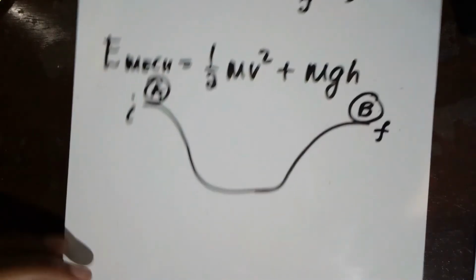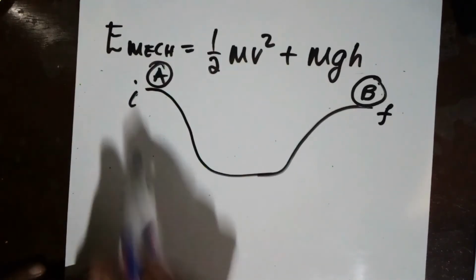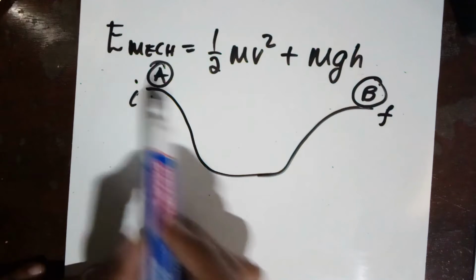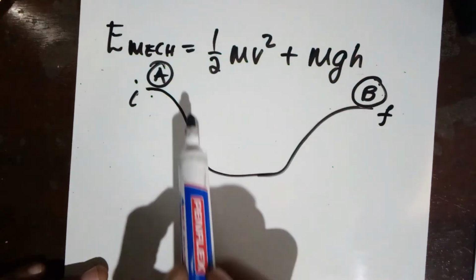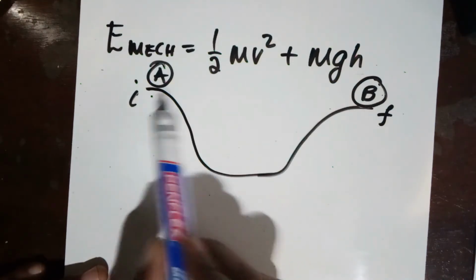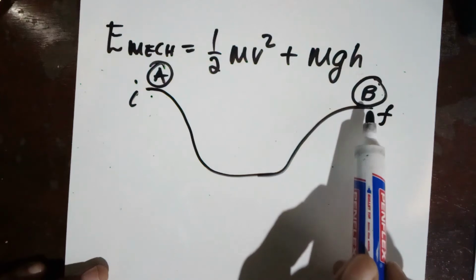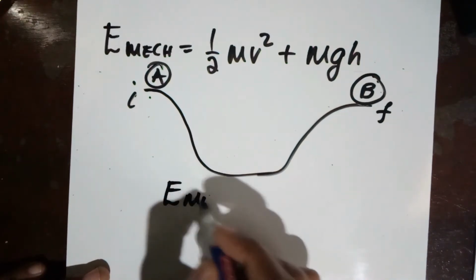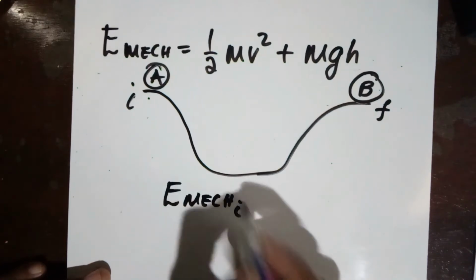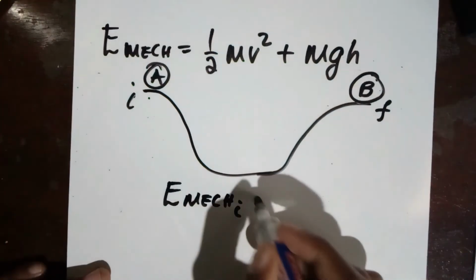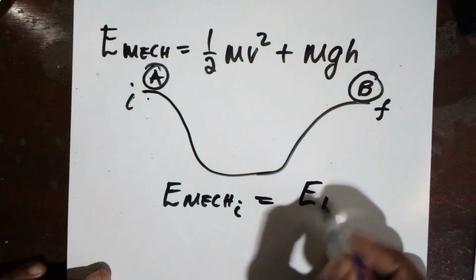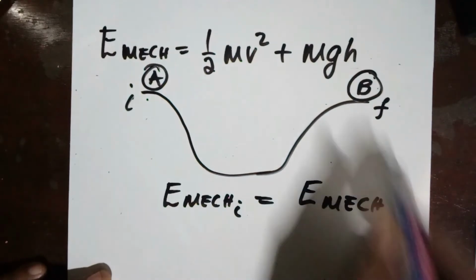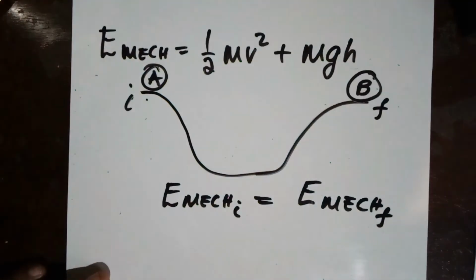So what that principle is basically saying is that the mechanical energy at the initial position is going to be equal to the mechanical energy here. So this means that E_mec at the initial position, represented by i, will be equal to E_mec at the final position, represented by f.